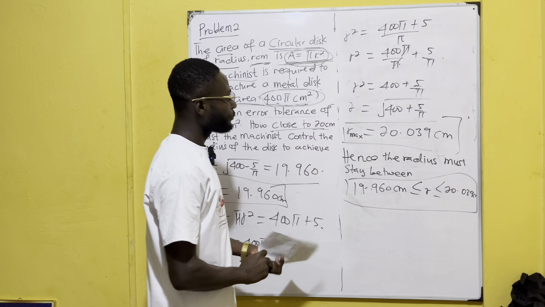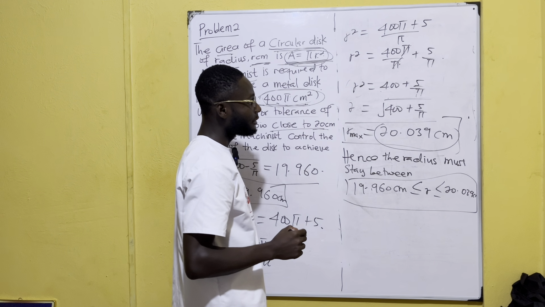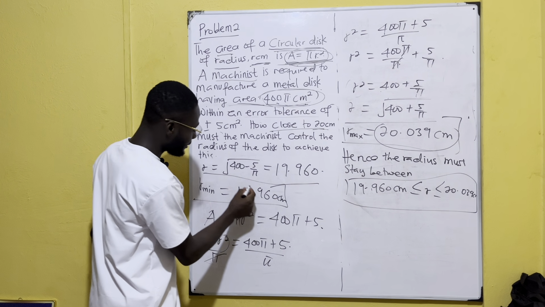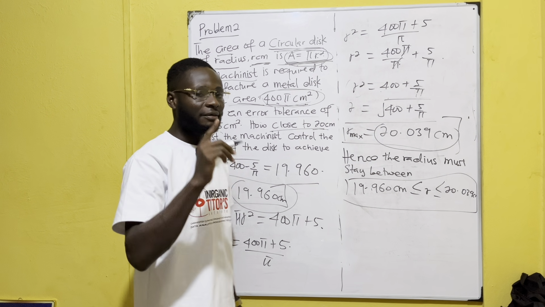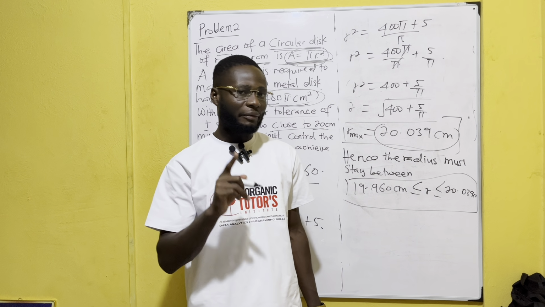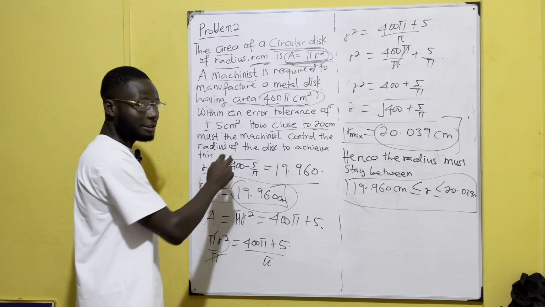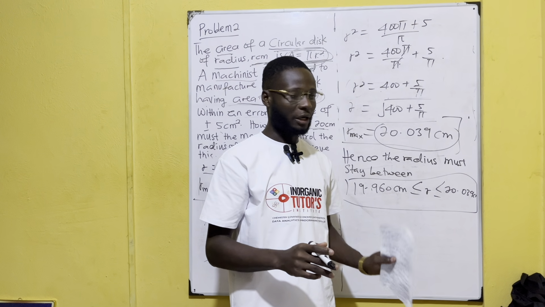You know why? When you take this, which is 20.039 centimeters minus 19.960 centimeters, you're going to have 0.039 centimeters. But remember, we're giving plus or minus, so you also have to write plus or minus, okay?